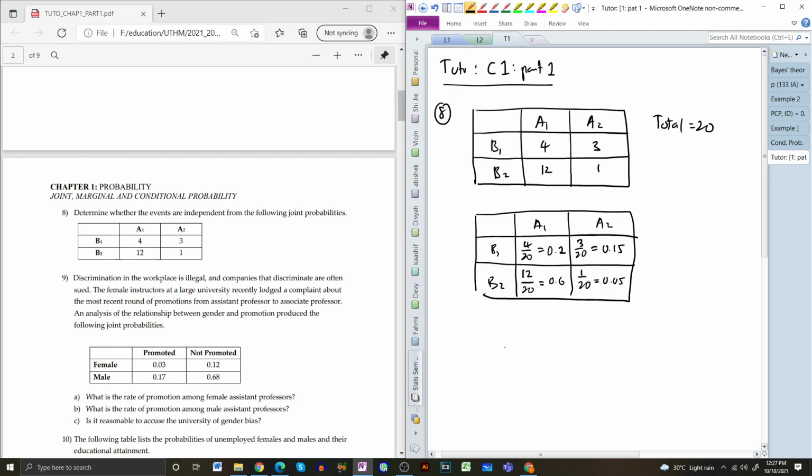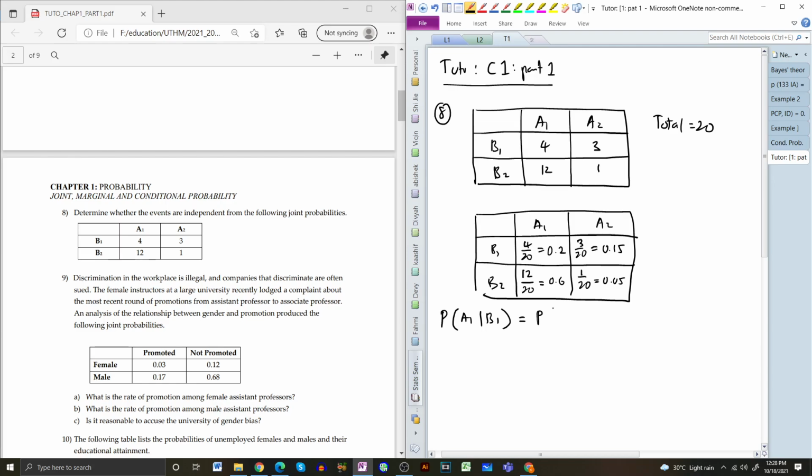So first we find the probability, and then if you want to show whether the events are independent or dependent, you have to compute this, and you will get 0.2. I hope I don't need to write all.